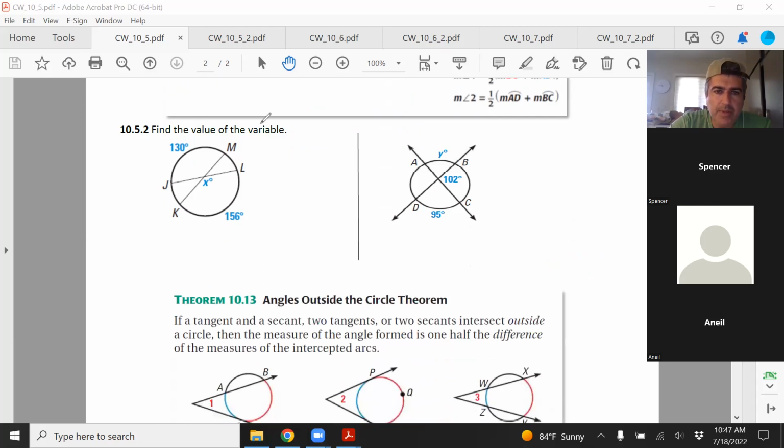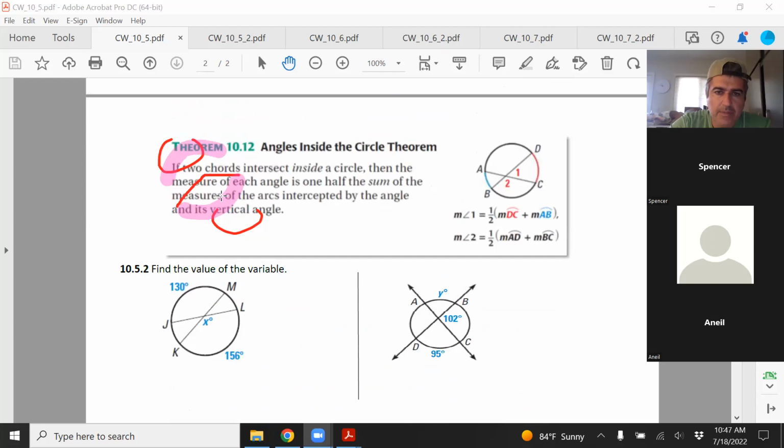So let's try some of these here, like say if that's 130, that's 156. So this angle obviously is forming this arc, and right across from it is that arc, right?